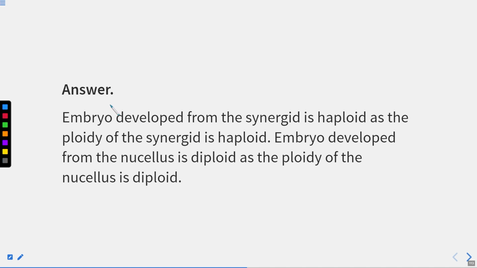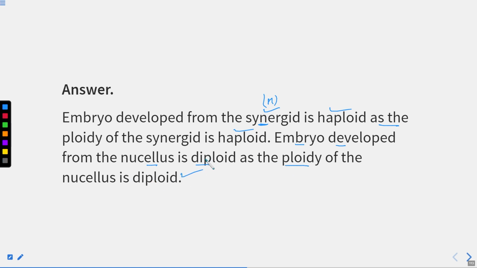If the embryo developed from the synergid, so synergid you know is a haploid cell. So embryo developed from synergid, through mitosis, will be haploid, as the ploidy of the synergid is haploid, and embryo developed from the nucellus is diploid, as the ploidy of the nucellus is diploid.